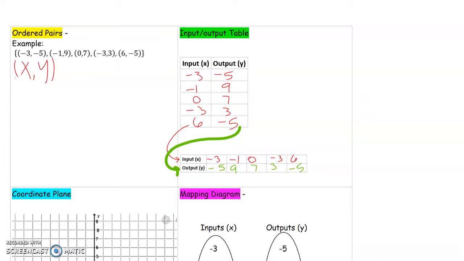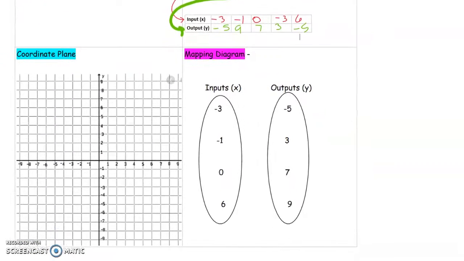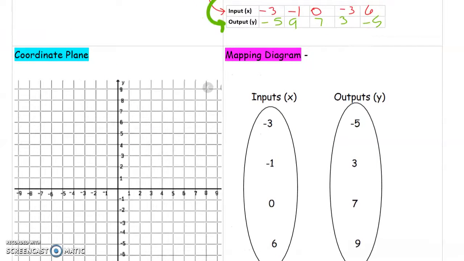Okay, so those are the two different ways we can see our table, plus we have our ordered pairs. We can also graph these. So I'm going to graph these points. The point -3, -5 means I go to -3 on my x, and then down to -5 on my y. -1, 9 means I go over to -1, and then up 9.